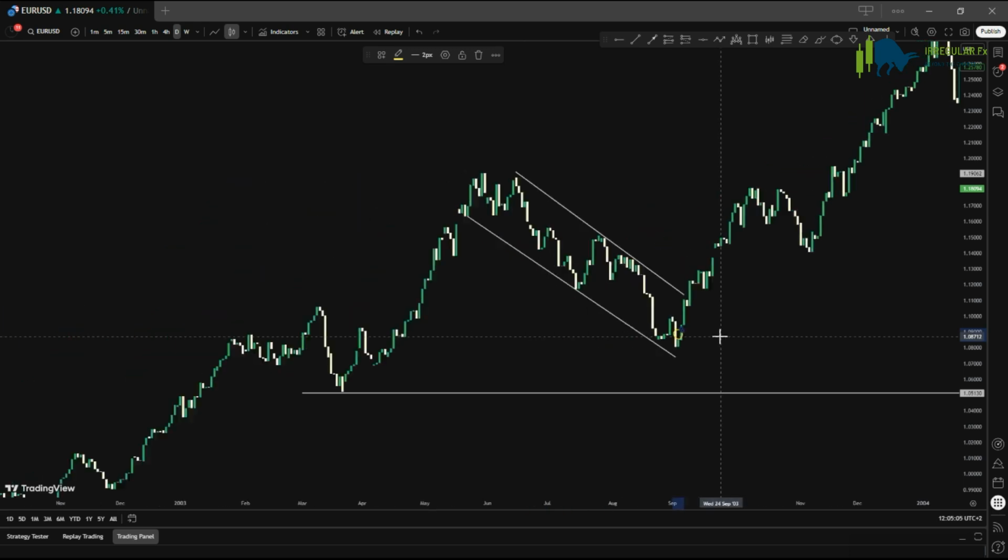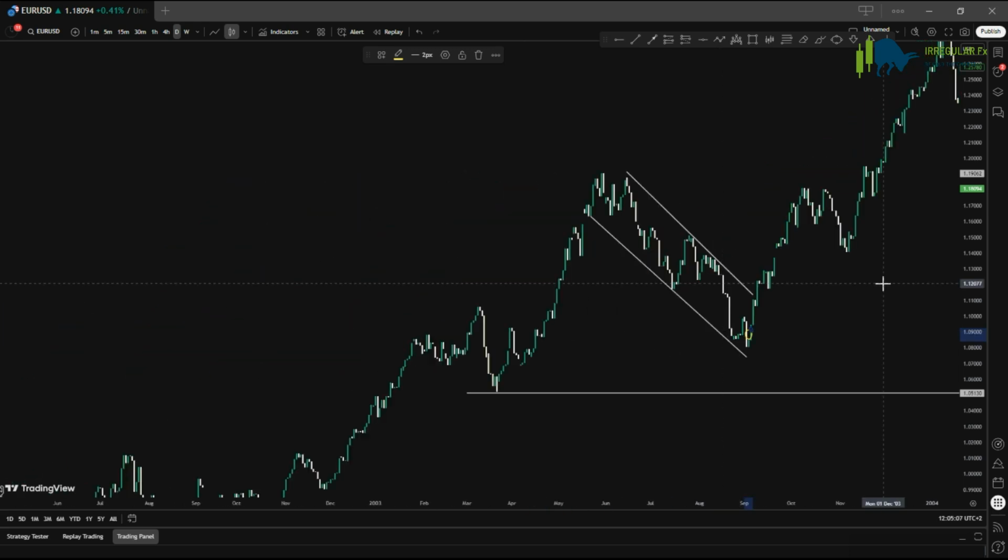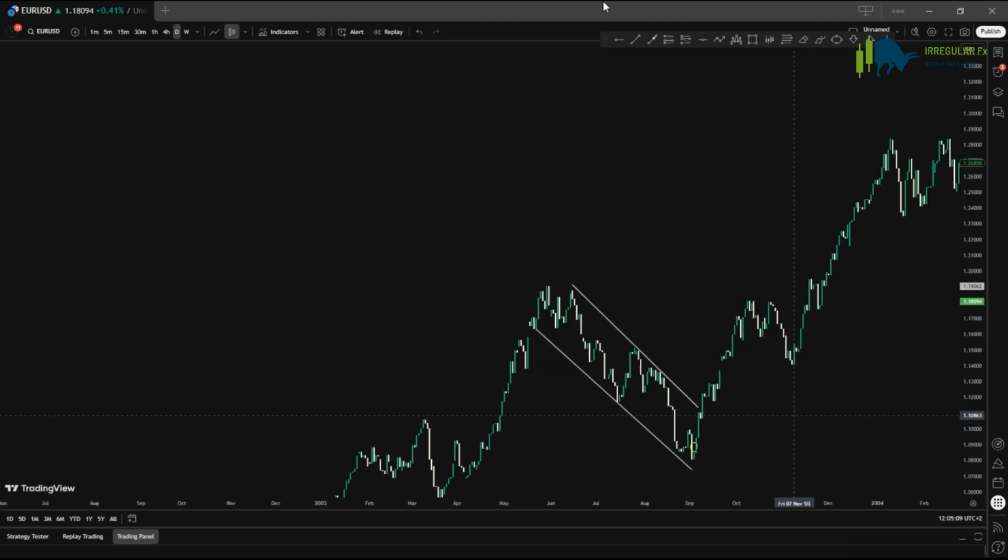Then another continuation pattern. From here we went all the way to create this high. Then we came back to create a low, went back to create a high, which also failed to break the previous high. Then the minute we push to the downside, we already know that now we're forming a continuation pattern.